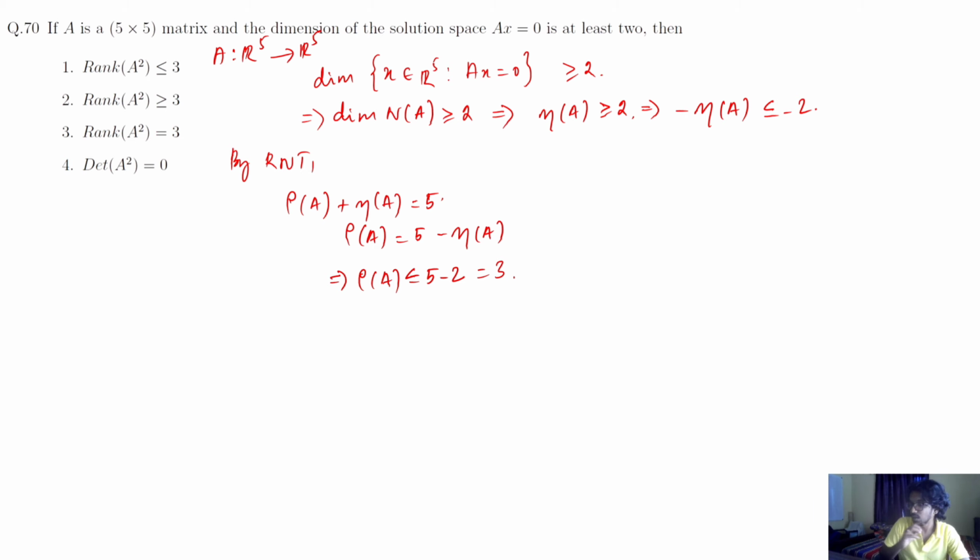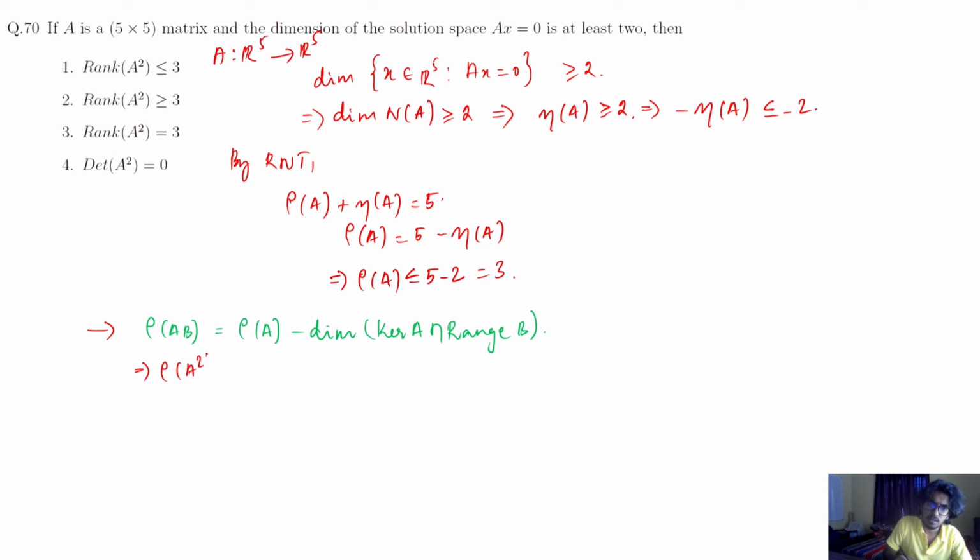Okay, let us check it. We have a result that rank of AB is rank of B minus dimension of kernel of A intersection range of B. Here, our A and B are the same, right?